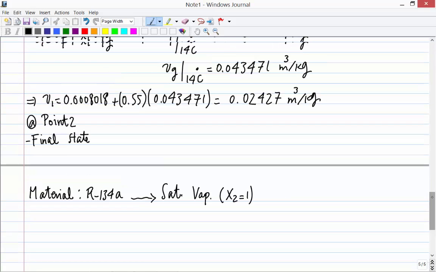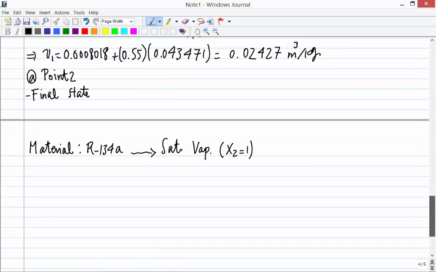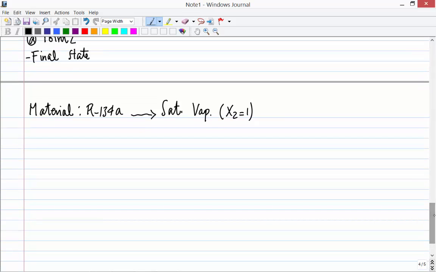Then I need, did I write the table here? No. A11. Here, because I have the pressure, I need to go to the next table, which is A12.